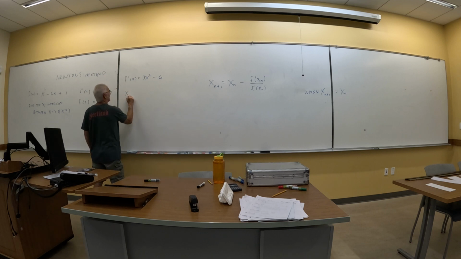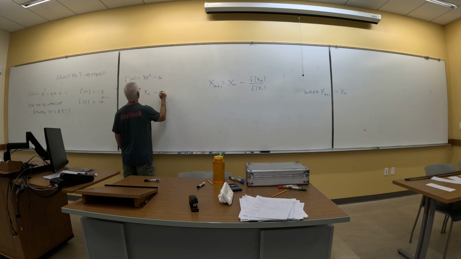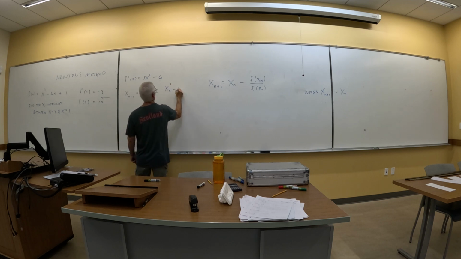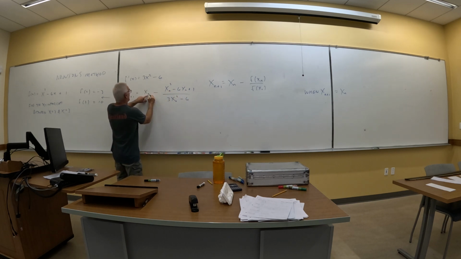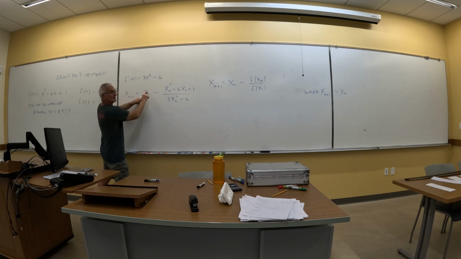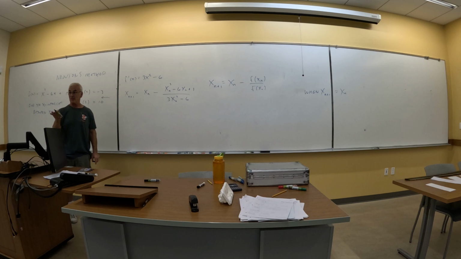For this problem, the n plus first iteration is equal to the nth iteration minus the original function over the derivative. Now, the subscripts actually are quite critical because they're not the same. The subscripts on the right are always going to be one less than the subscripts on the left. That is very, very important. I got to plug in a lot of x's, don't I, on the right side?